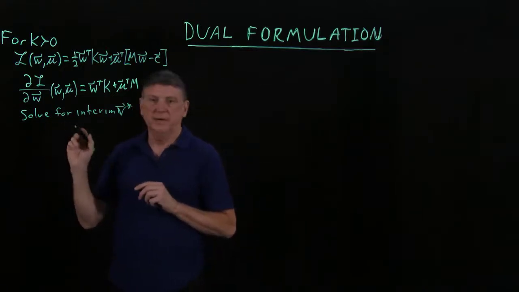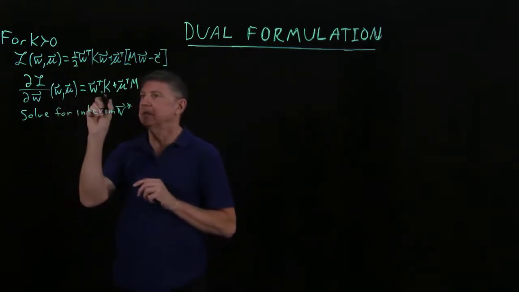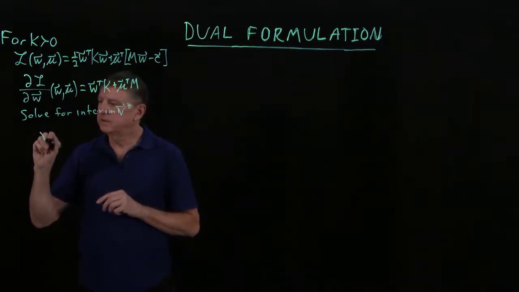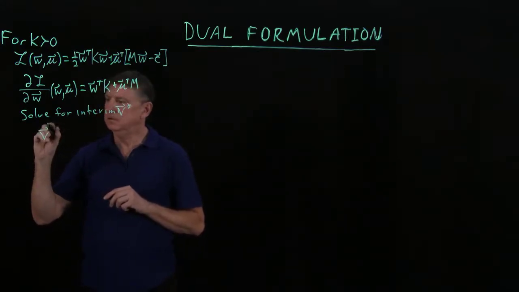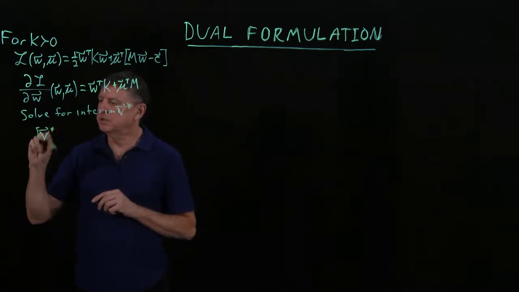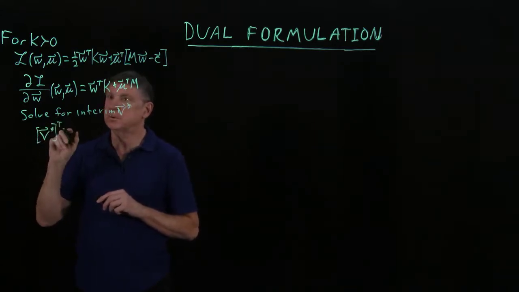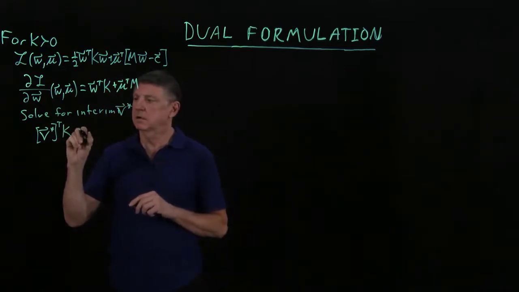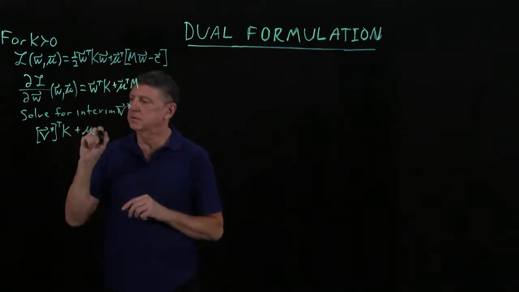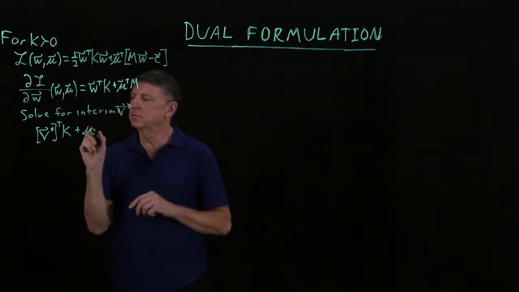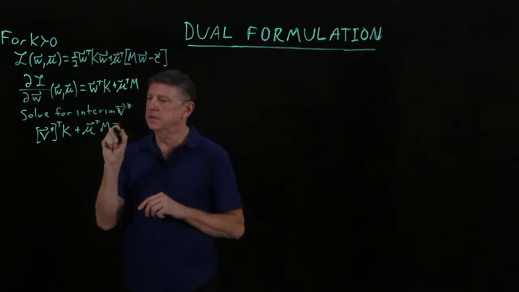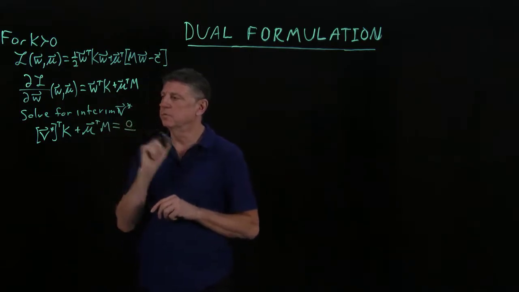So we'll set this equal to 0. That would be V star transpose times K plus mu transpose times M equals the zero vector.